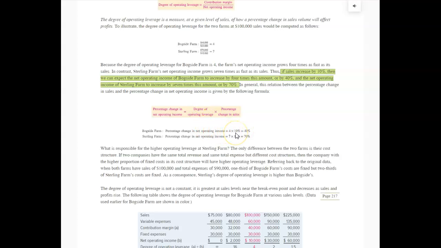If sales increase 10%, take the 4 times 10, this is for Bogside, operating income will increase 40%. Now for Sterling, though, it's going to be much higher because it has an operating leverage of 7. So 7 times 10% means its operating income should go up 70%. So the higher the operating leverage number, the higher your net operating income percent increase will be.